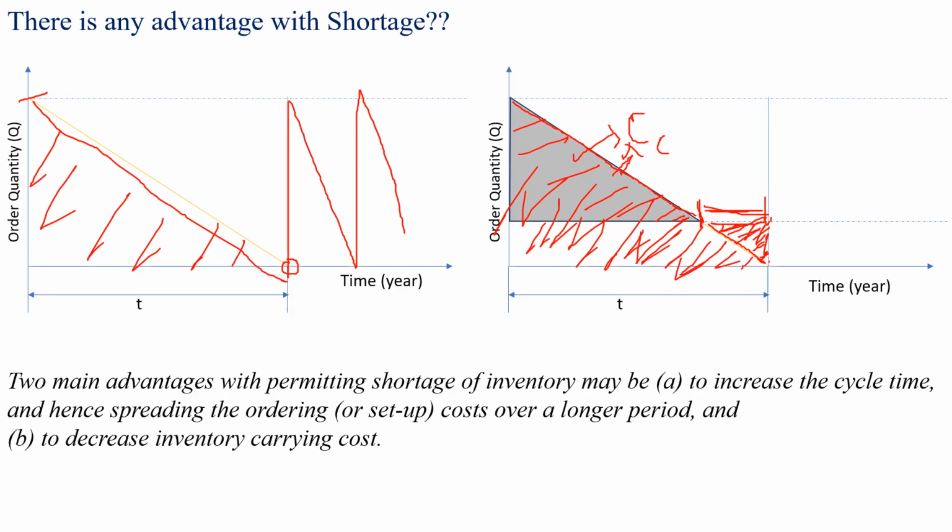With allowing the shortage, there is a reduction in inventory carrying cost. So here inventory carrying cost is reducing. However, it will influence sales and increase the shortage cost. So in these models, we have to trade off between the carrying cost, ordering cost and shortage cost. Then we will decide how much shortage can be allowed to get an economical order.